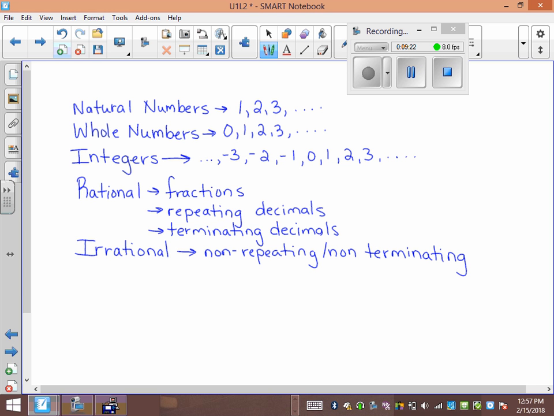And what number system encompasses all of these? Do you remember? Starts with an R, rhymes with feel. Real, yes. So the real number system are all of these.